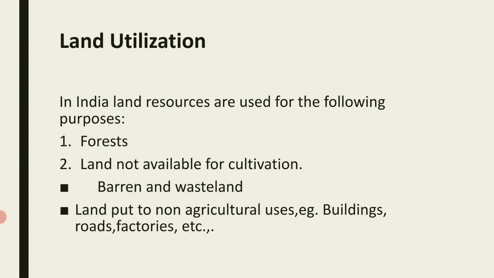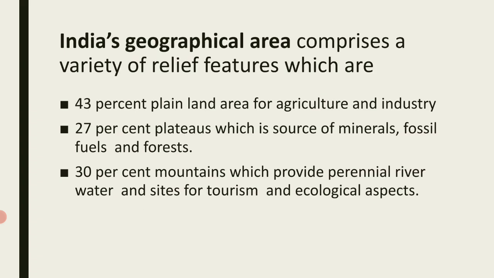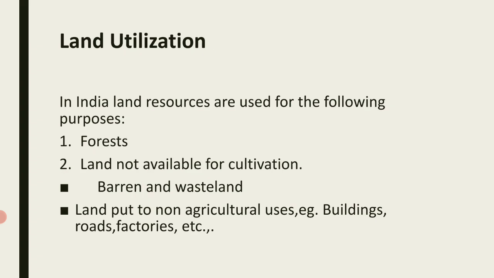The next is land utilization. So how is land getting utilized in India? In India, land resources are used for the following purposes. Number 1, forests. That is, on the last page we read that 43% plains are for agriculture, and next is 27% plateaus, which is the source of minerals, fossil fuels and forests.